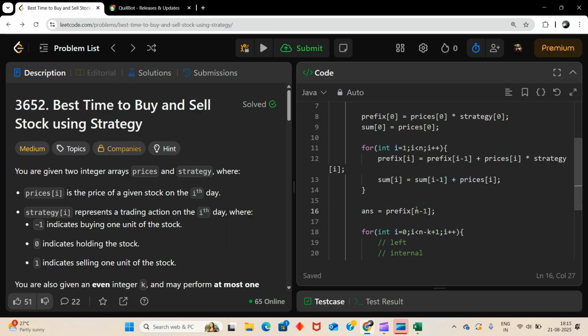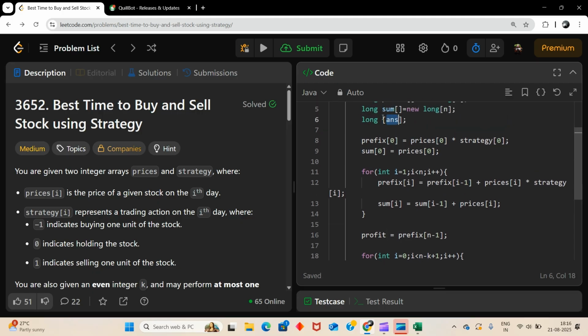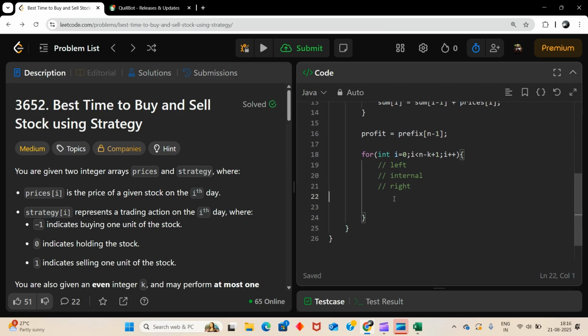Why? Because without any modification, that will be my sum, that will be my profit. Instead of answer I'll write profit. Now we want to maximize that profit: profit is equal to max of profit, left plus internal plus right.